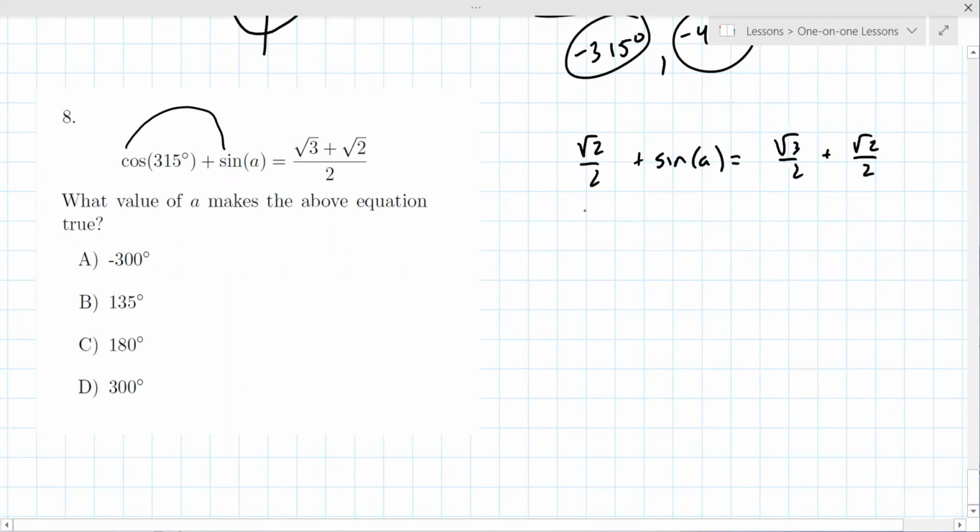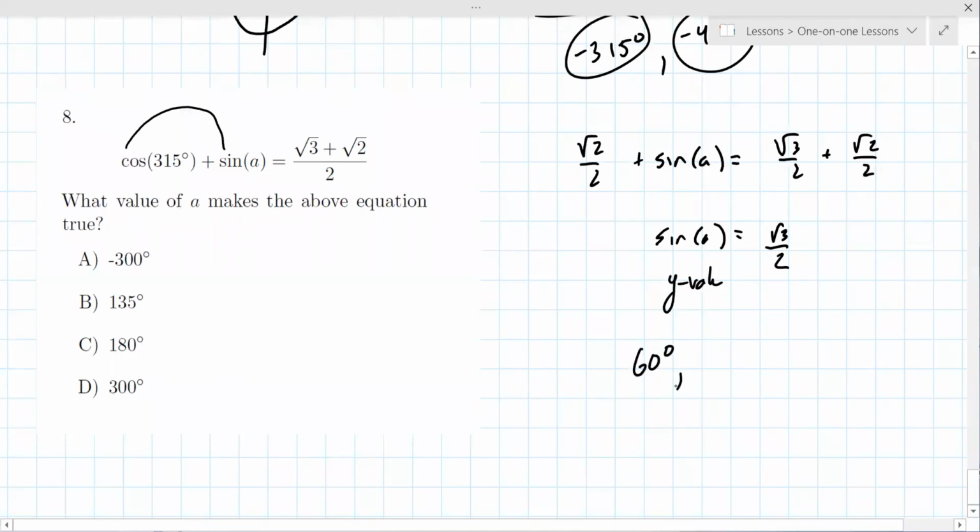So sine A equals root 3 over 2. Now I can't cover up the answers, but I'd like you to find there are 2 positives and 2 negatives that give you square root 3 over 2 on the unit circle. Sine is the y value, the y coordinate.